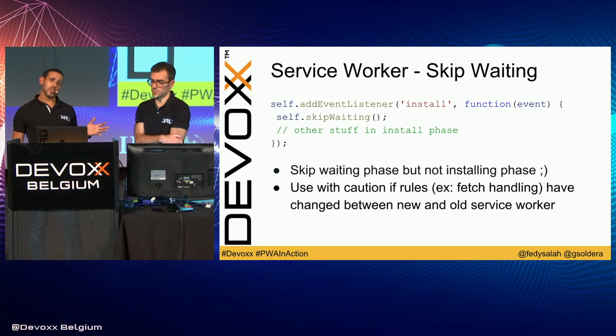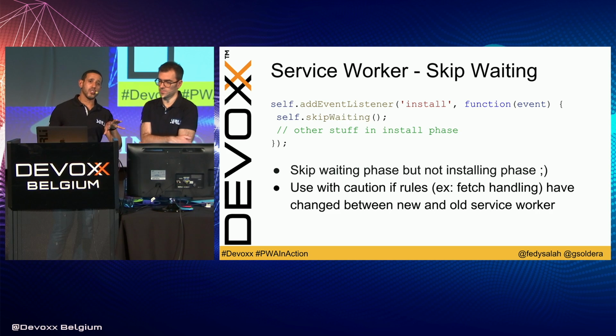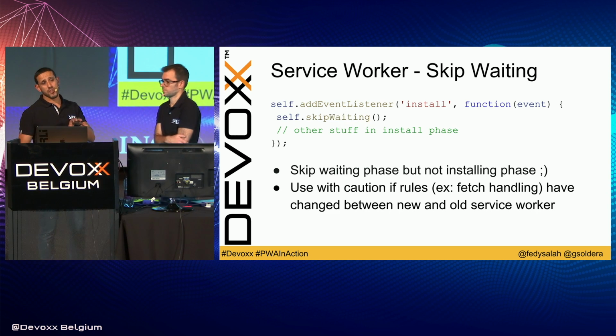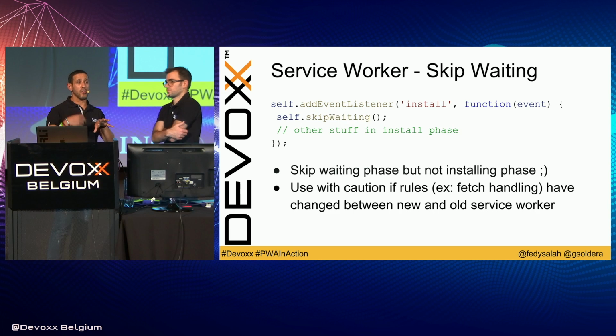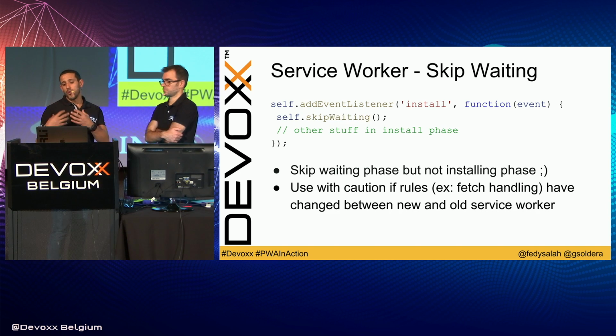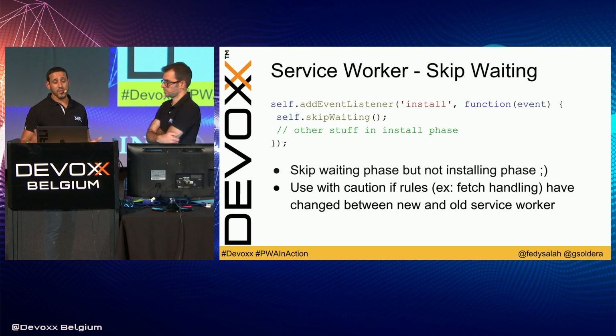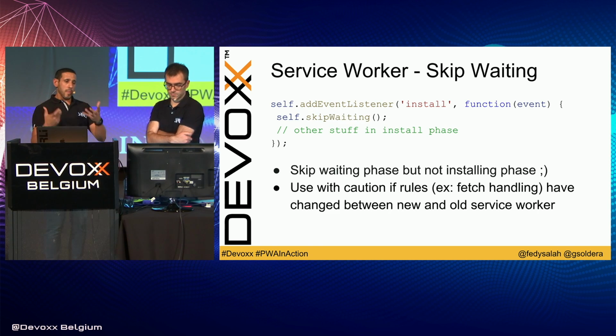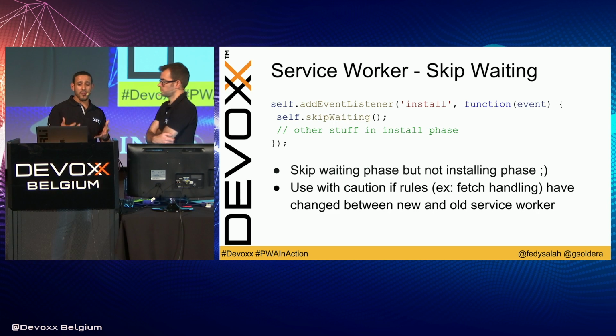But also, maybe you change the implementation of the service worker, how fetches are handled or things like that, so the newer version and the previous version won't be compatible. So we have to use skipWaiting with caution. Sometimes the best way is to force killing all the clients, so the newer version of the service worker will work with the newer version of clients.